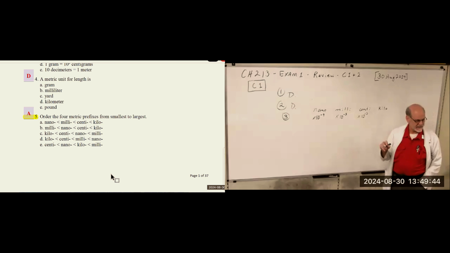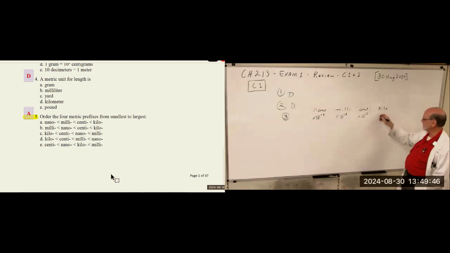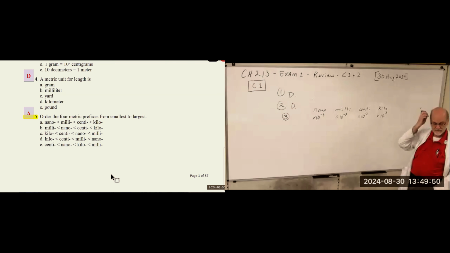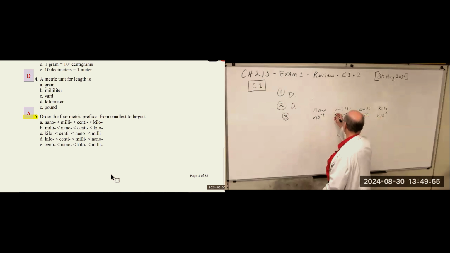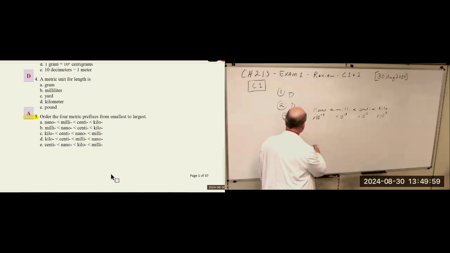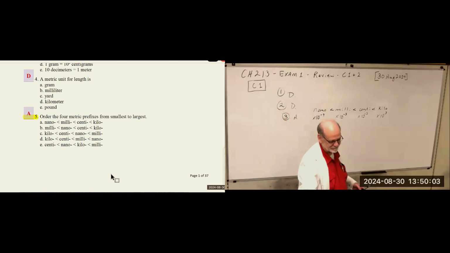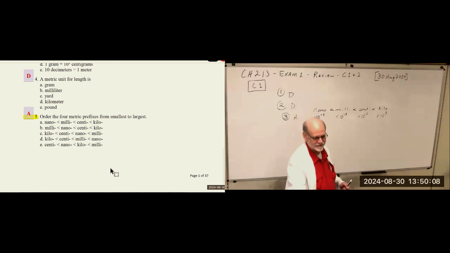Deci is tenths. And kilo is 1,000 times. If we're going from smallest to largest, that's smaller than that one, smaller than that one, smaller than that one. So our answer is A. The first one is correct, as long as we don't cheat and look at the answer.